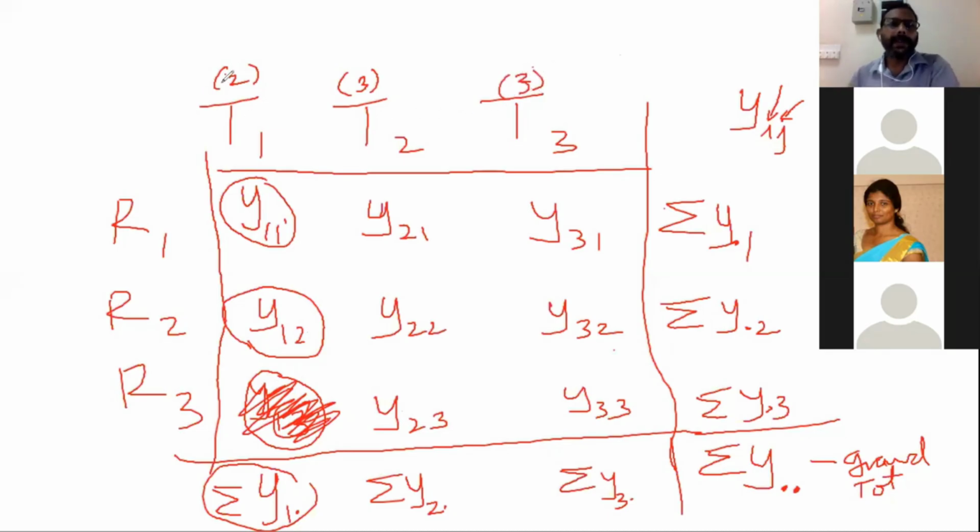So the replicates are not the same, so the dividing R will be different. In this case, we are dividing by 2. In this case, we are dividing by 3. In this case, we are dividing by 3. Okay? So that we'll have to remember always.